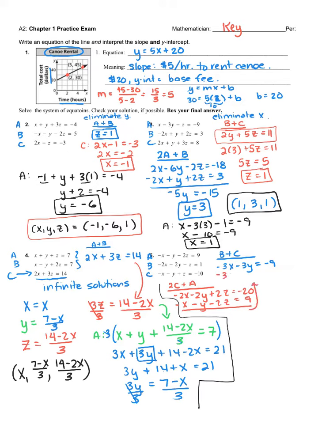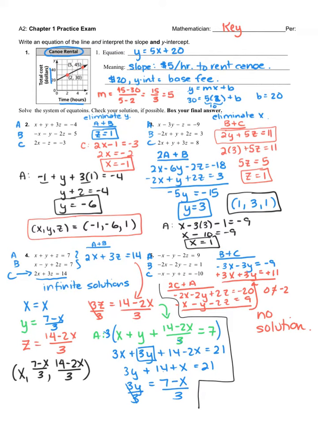So I have a minus 3x minus 3y, z's go away, and that equals a negative 11. So what I'm going to end up getting here when I combine these is 0 equals, if I add these together, 0 equals negative 2, so that's a no solution. All right, so there are your 4x4s.